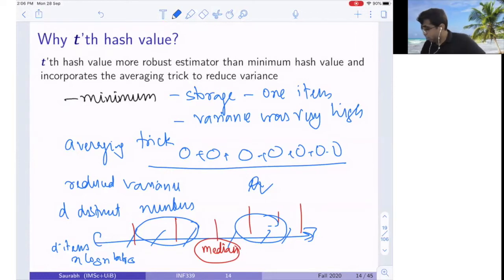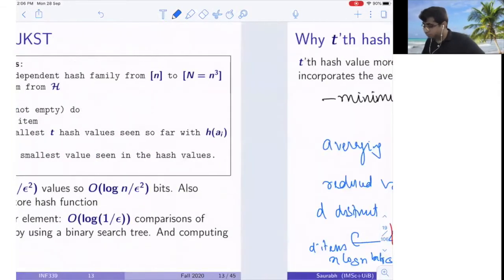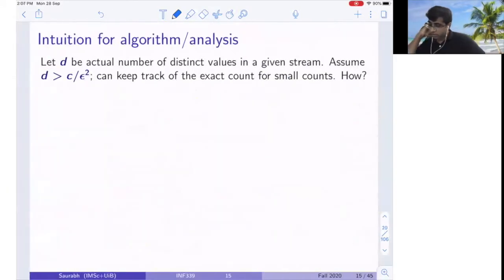Okay, so now let's go back to some intuition for the algorithm or analysis. Let D be the actual number of distinct values in a given stream. And we will assume that D is more than C over epsilon square, because if D is less than C over epsilon square, we can keep track of them exactly by just keeping some data structure.